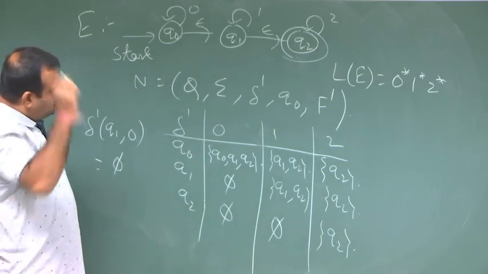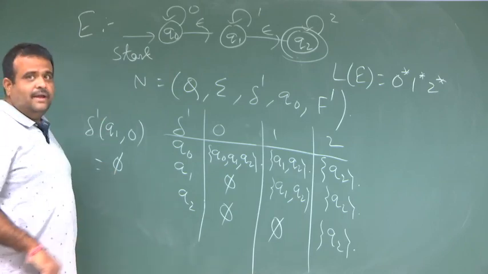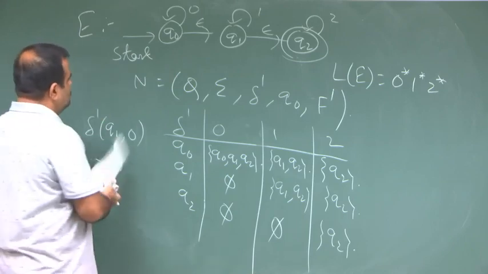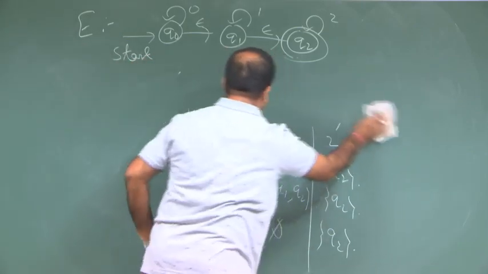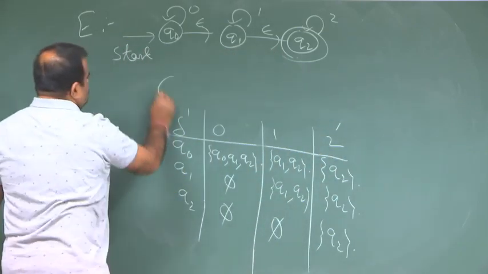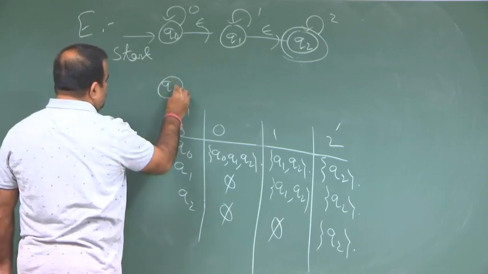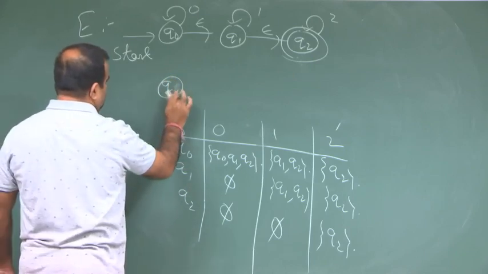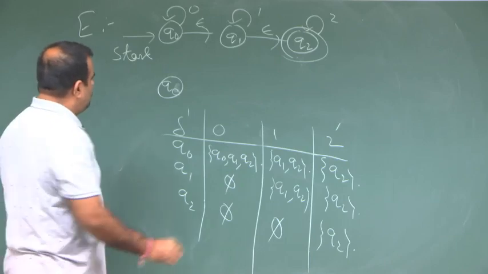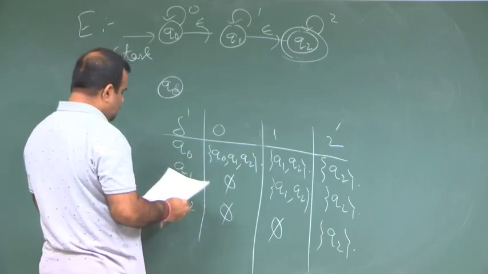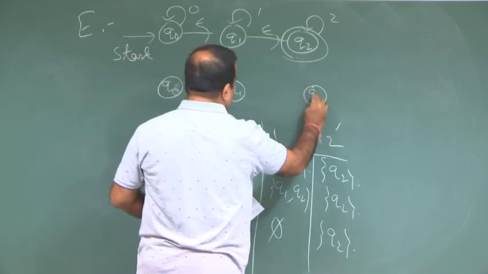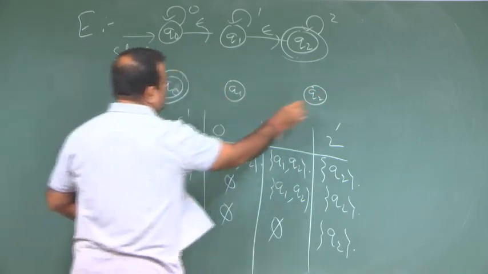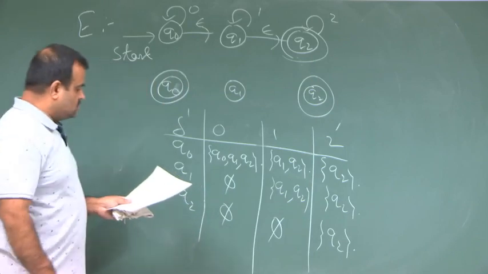Okay. So, this is the corresponding NFA. If you draw this, it will be like this. We start with Q0, then we can go to Q1 and Q2. Here the final states are both Q0 and Q2.